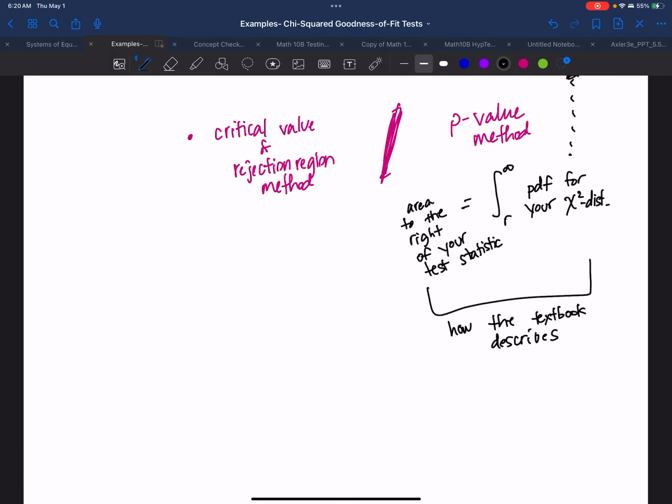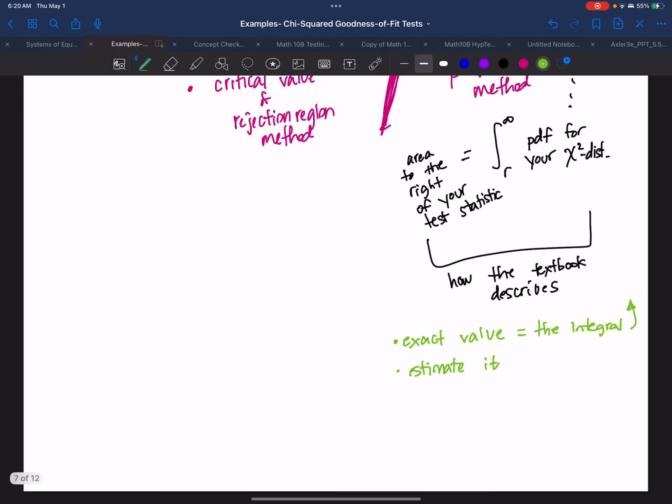You can either write down the exact value, which is the integral, or you can estimate it. How to estimate it? Use a table, use an applet, use a calculator. And really, an applet is just a calculator, right? So a table or a calculator.